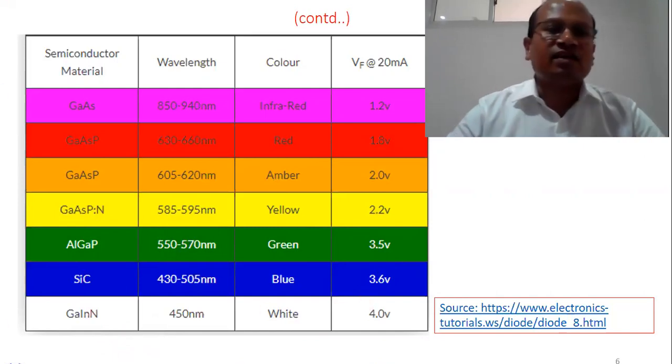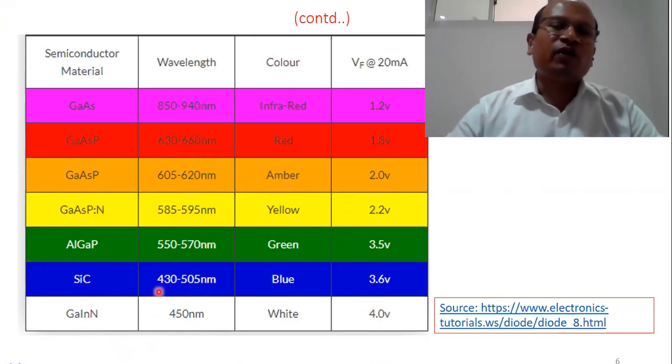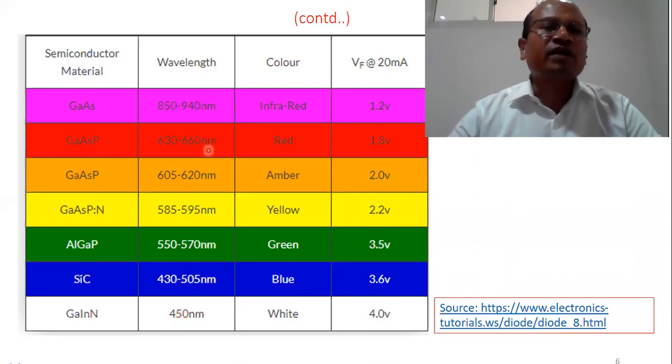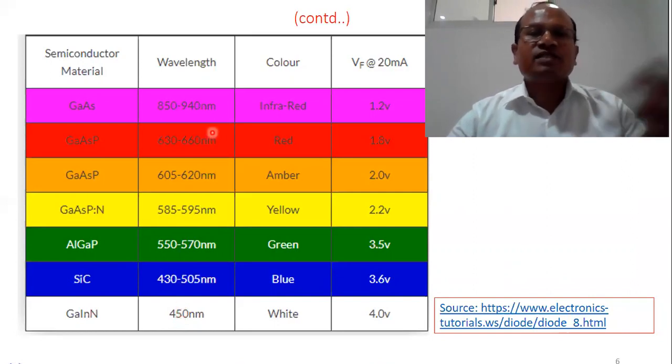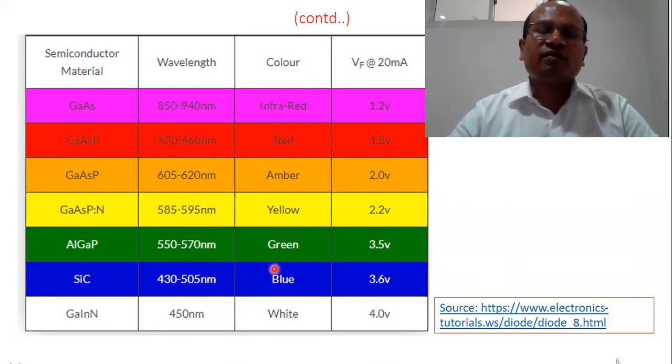So one interesting thing we can see here: when we go from some 450 or 460 nanometer to 700 nanometer in the visible spectrum, we are moving from white color, then blue, green, and slowly yellow, amber and red.